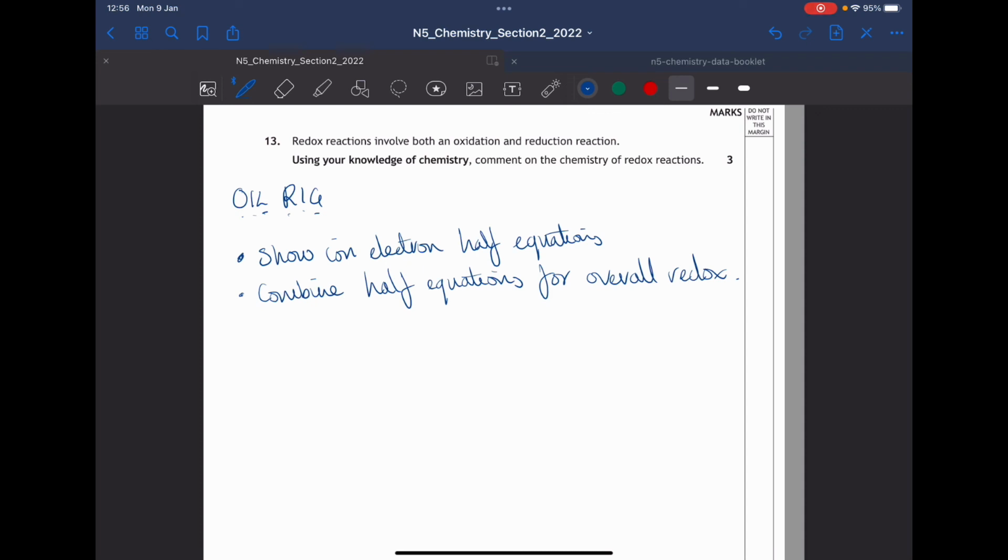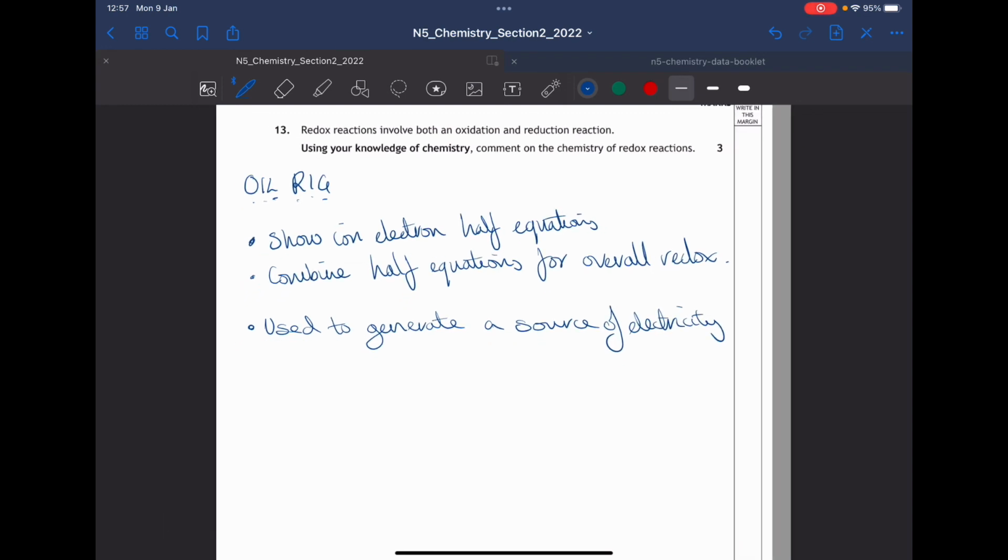Redox reactions are generally used in batteries. So you could say they are used to generate a source of electricity, because it allows free moving electrons. And then the easiest thing to draw would probably be a wee cell.